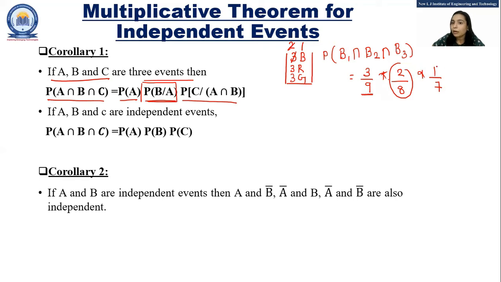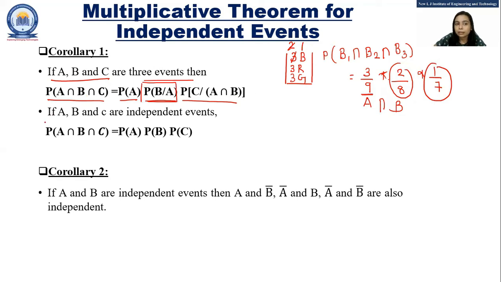Now the probability of getting the third black ball depends on A and B, according to our theorem. So that's why P(C|A intersect B) is given, the conditional probability of C given that A and B have occurred.